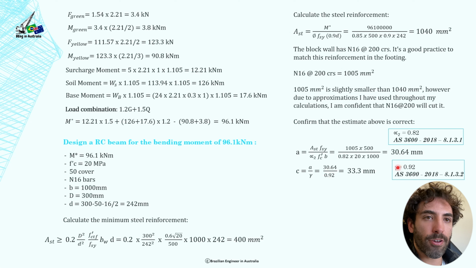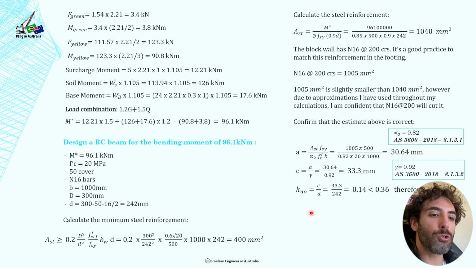This letter here, which I forgot the name of, is equal to 0.92, and you can find this from this clause here. Both of these numbers have been updated from AS 3600 2009. So if you're using the previous standard, you might get different numbers for these values, okay? So make sure you're using the current Australian standard, AS 3600 2018.